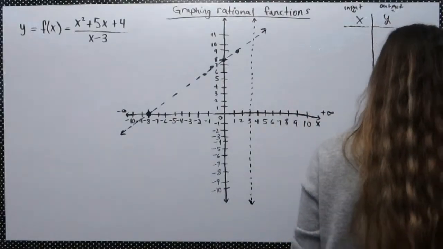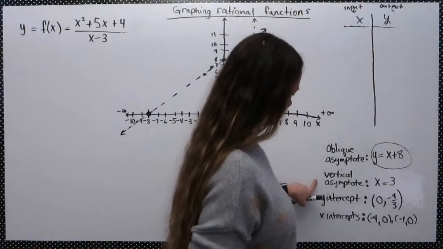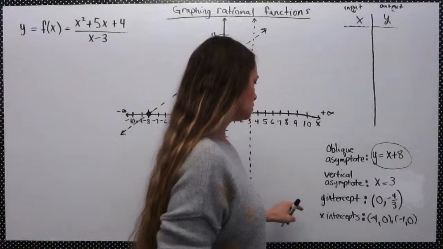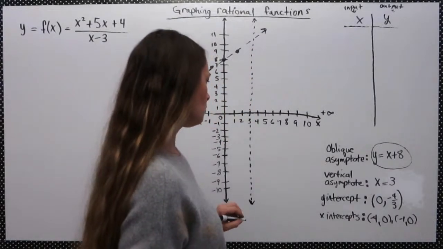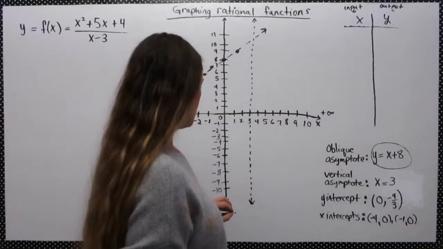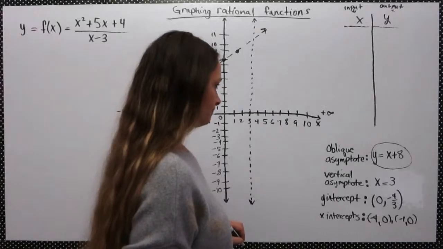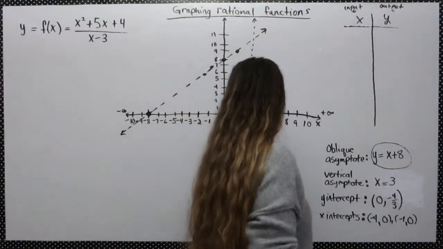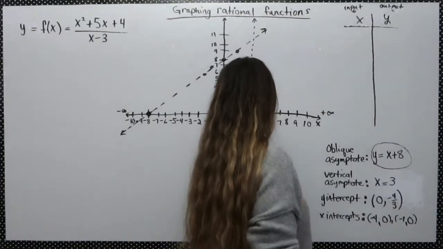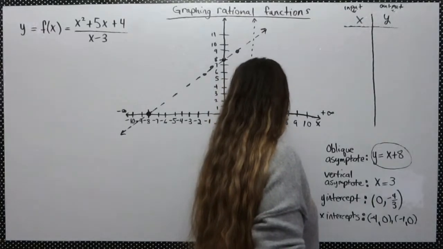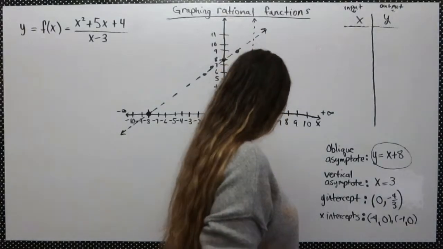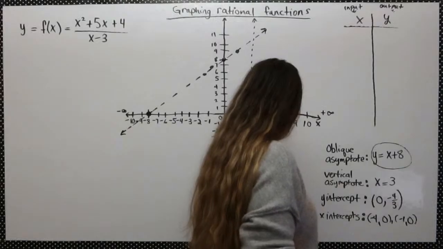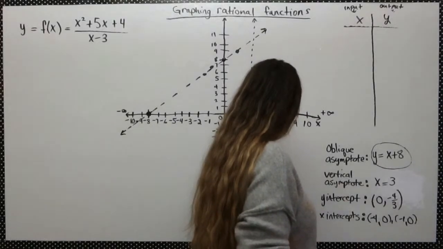All right, so those are our 2 asymptotes, and then let's go ahead and plot these 2 intercepts. So we have a y-intercept at 4 divided by 3. So let's see. 3 divided by 4 goes in 1 time. 1 left over.